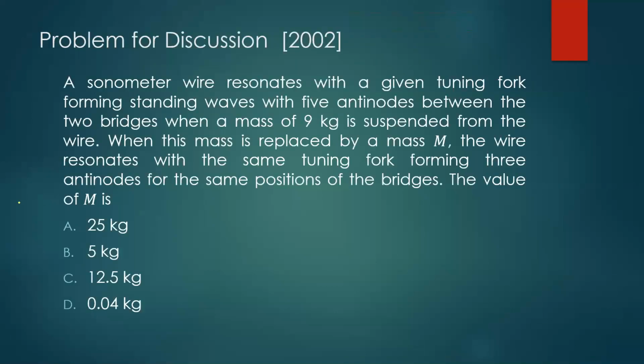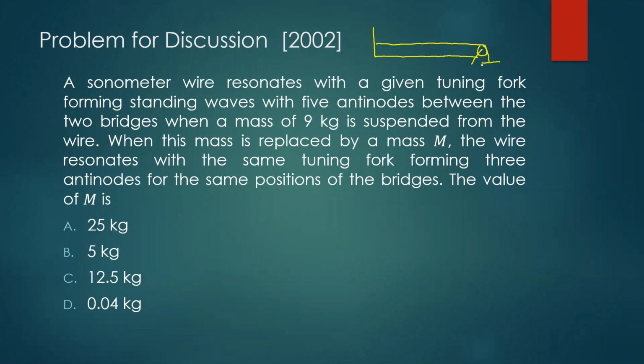Okay, so answer this question. If you have worked with this sonometer wire experiment, have you? No. Okay, so let's not get into details. I think you have some setup like this. You have a string that goes over a pulley.